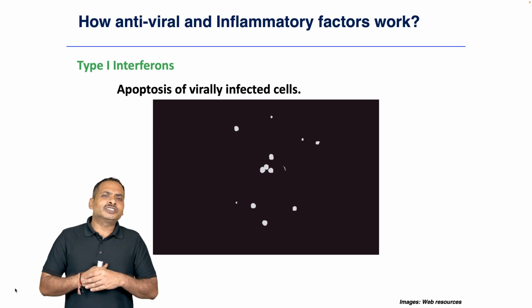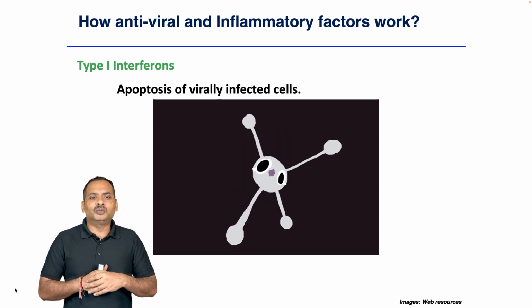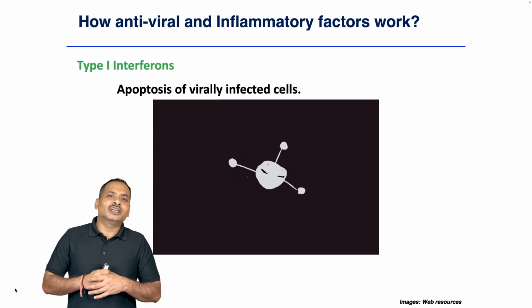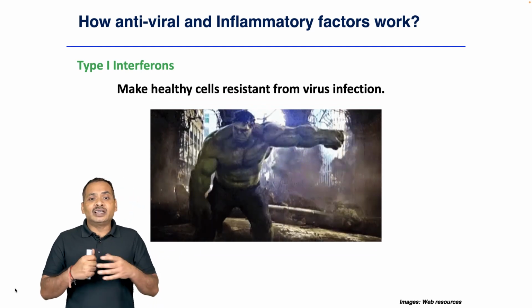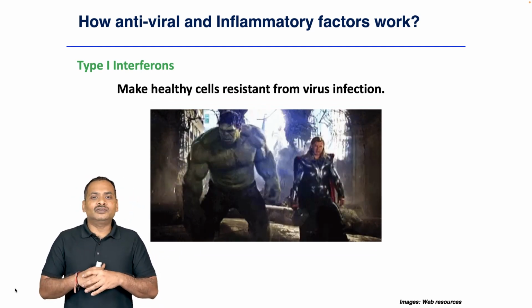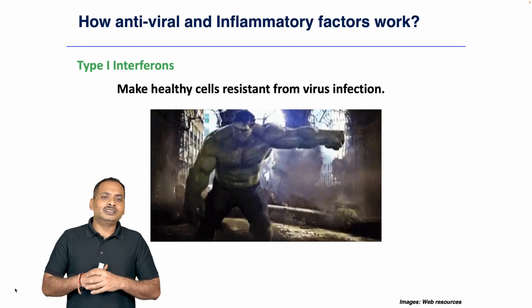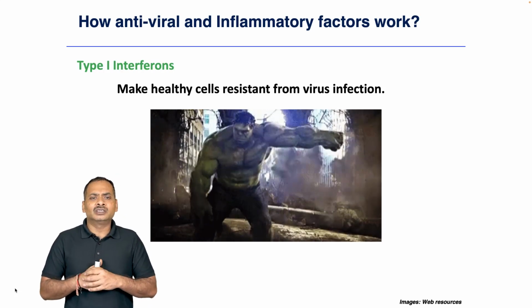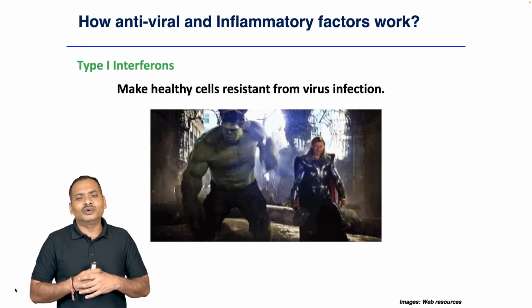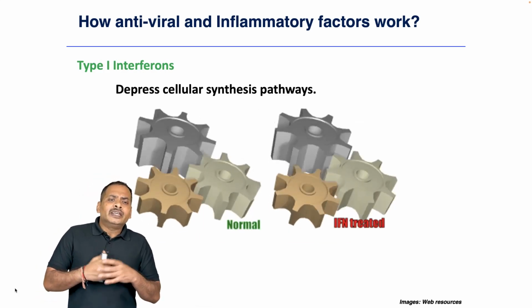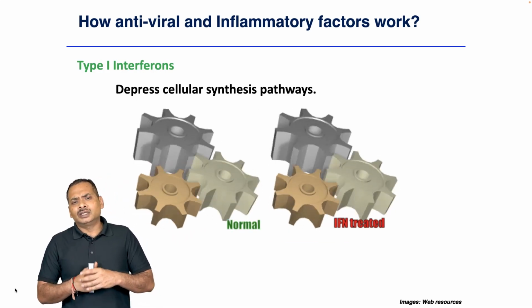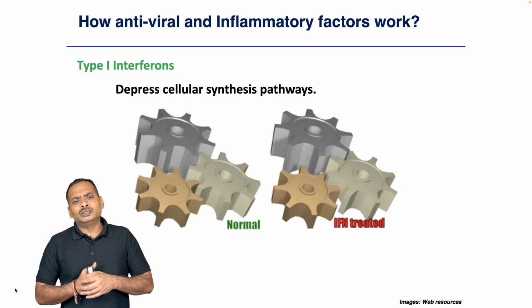If you see carefully, this induces apoptosis of virally infected cells, and it makes healthy cells which are not yet infected with virus resistant to virus infection. It depresses the metabolic pathway.